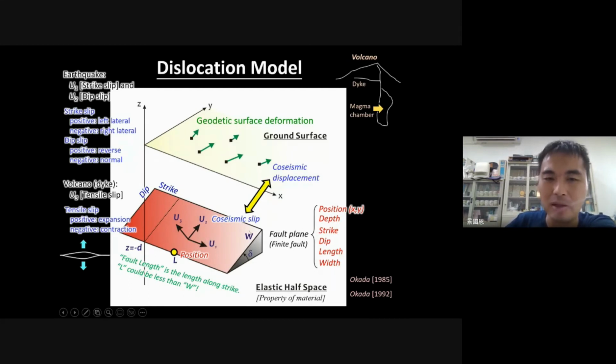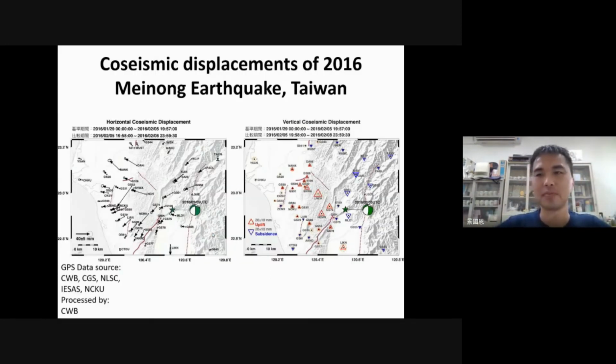And once we get the slip on the fault plane, then we could estimate how much energy is released in an earthquake. So that is the simple idea. And then here I use the 2016 Meinong earthquake in southwestern Taiwan as an example.